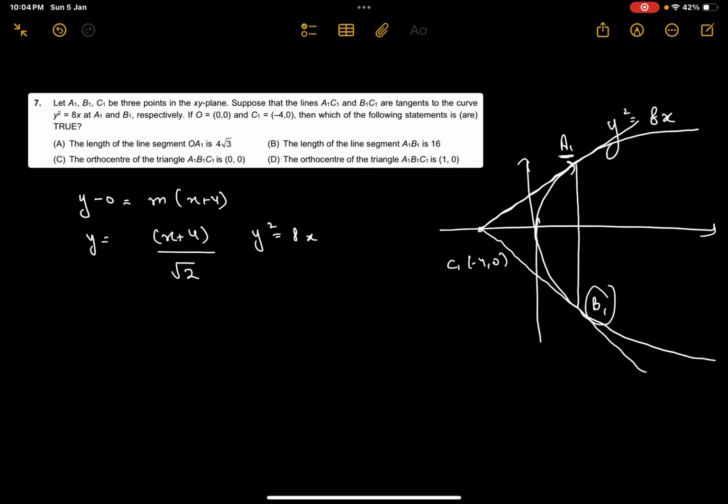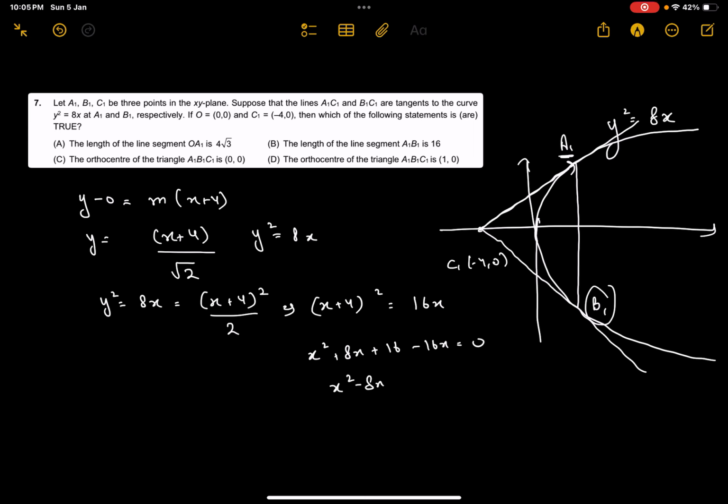So we have y square equals 8x equals (x plus 4) square by 2. That gives us (x plus 4) square, which is x square plus 8x plus 16. This is x square minus 8x plus 16.